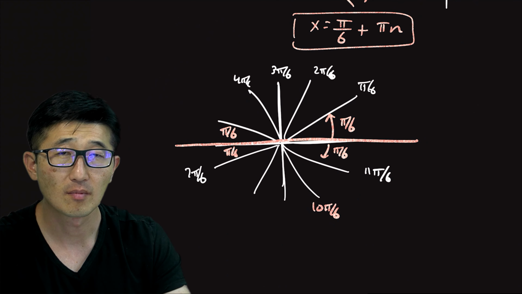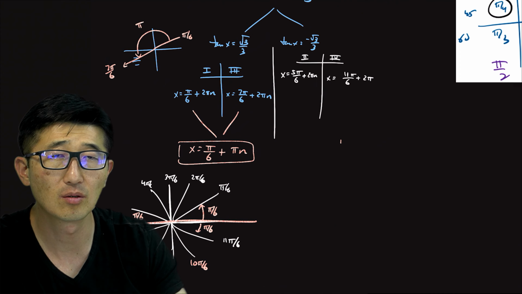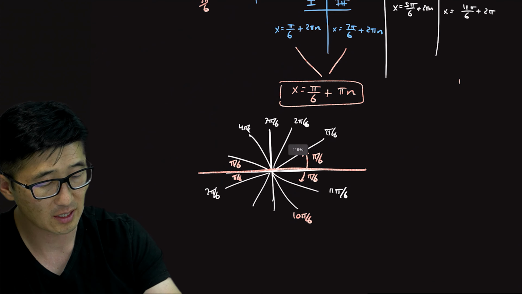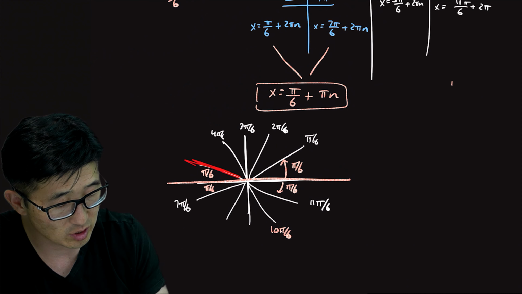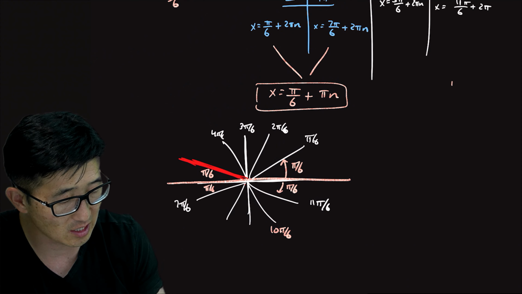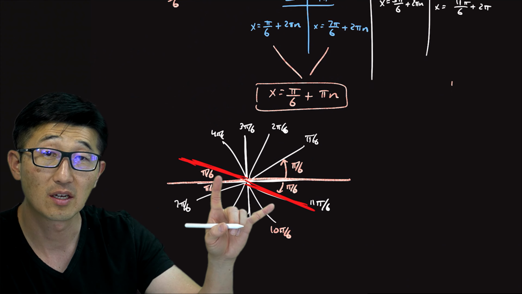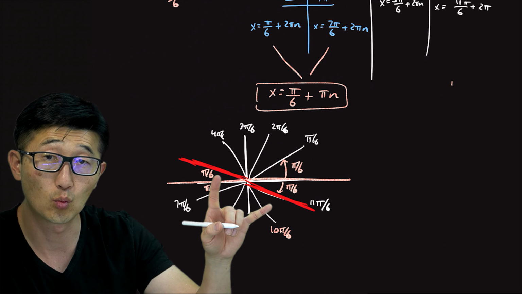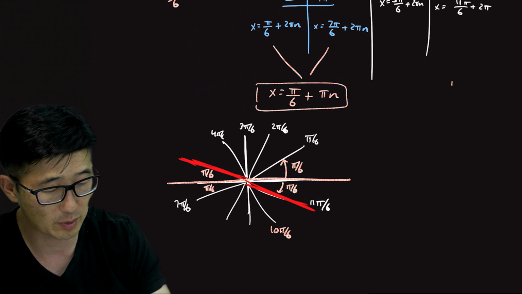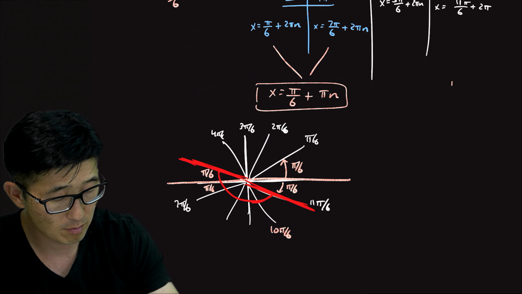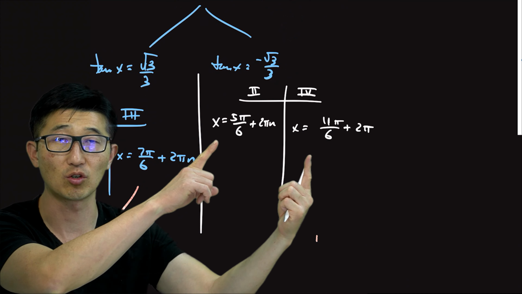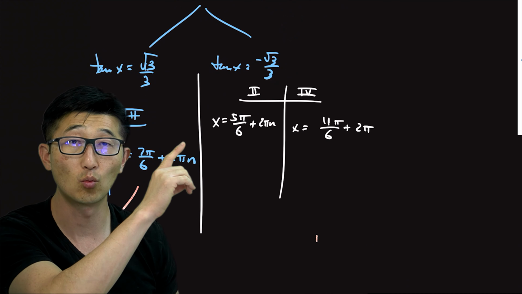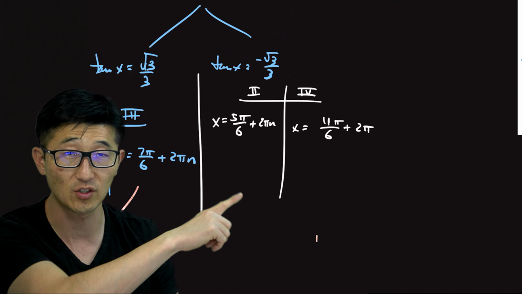Okay, so now do you notice that right here, your answer was 5 pi over 6 and 11 pi over 6. So do you see how it's 180 degrees away from each other, or pi units away? Yeah. So what would you do with these two? Can you combine them? Well, one of them produced the other one and vice versa.